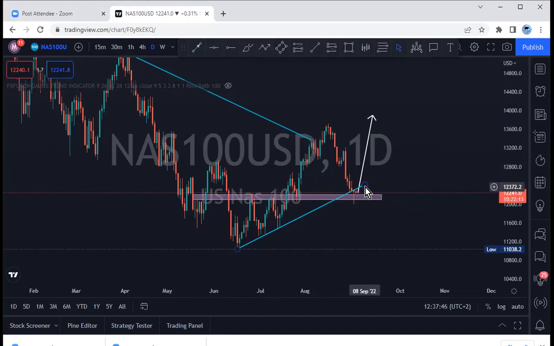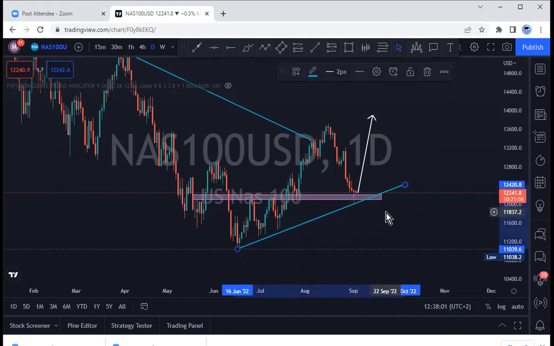We are looking for the market to go to the upside, so we can maybe see a retest of 50% of this week. So I'm going to adjust my trend line. Why? Because these are our support, and we're going to use these two as our confluence. It's a support and a trend line at the same time.